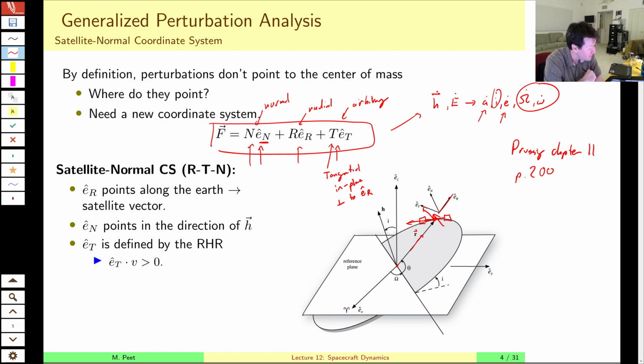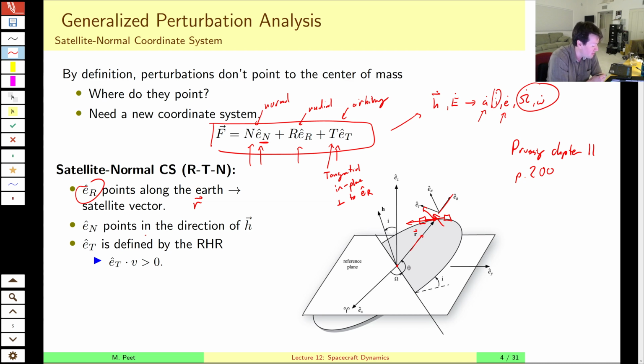Again, radial points from the Earth in the direction of the r hat vector. N points in the direction of the angular momentum vector. Again, we're assuming quasi-steady state, so we're assuming that's well defined. And T is just what you get by crossing the other two unit vectors.